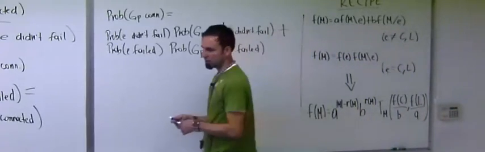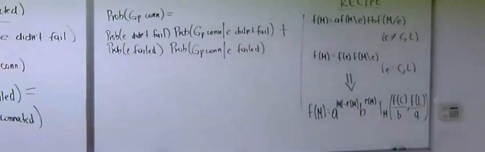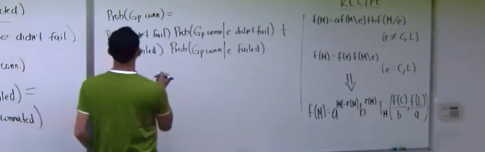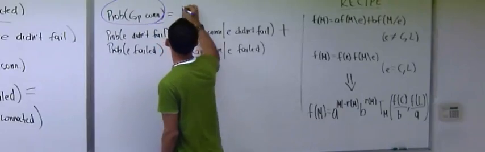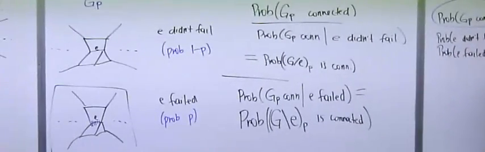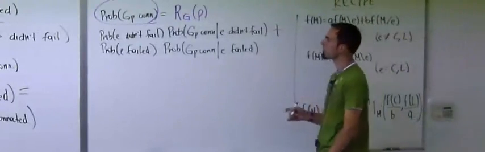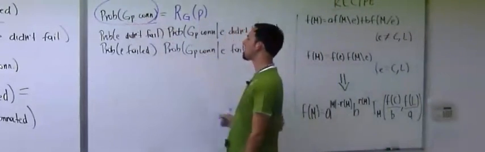In other words, let me give this function a name so I don't have to write this each time. Let me call this the reliability function of the graph with probability P. It's the probability that G sub P is connected.